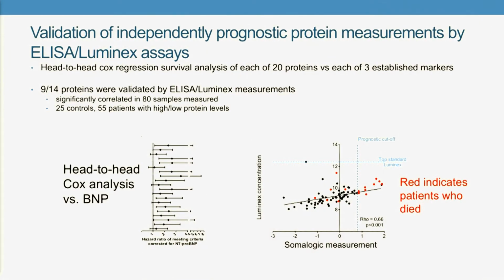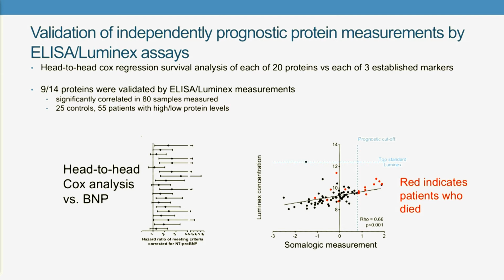So we were looking against BNP, RDW, and 6-minute walk again as our favorite prognostic markers in these patients. After looking at the head-to-head against BNP, we found that actually 14 of the proteins were independent of these established measures, so they could actually add new information to that which is currently available by the best prognostic marker in PH.